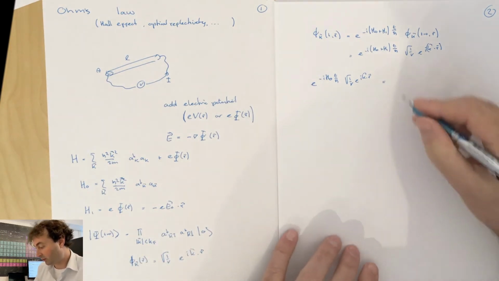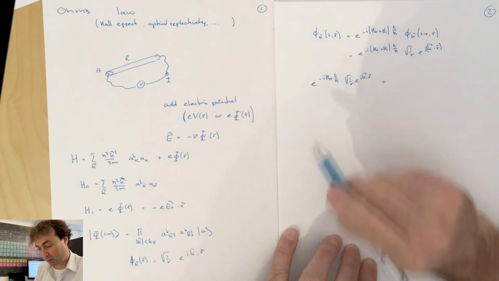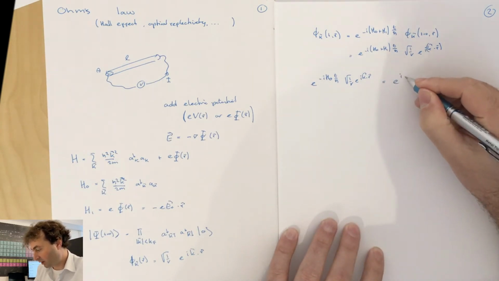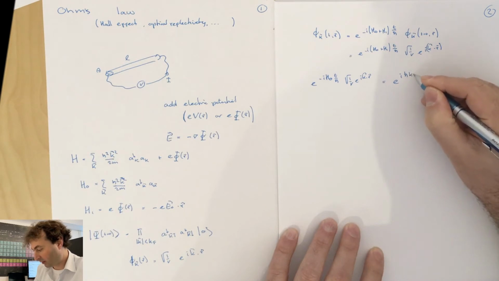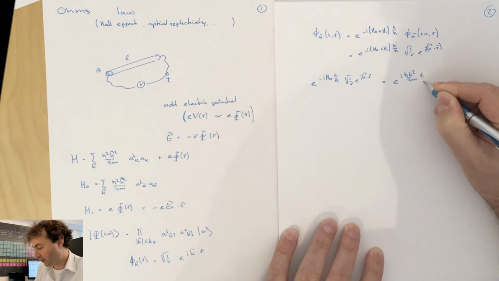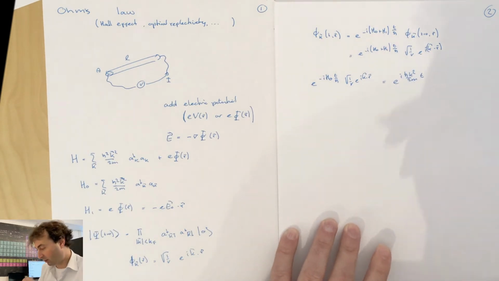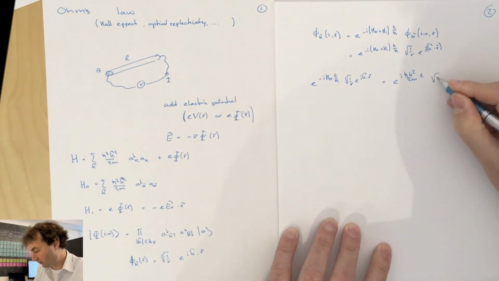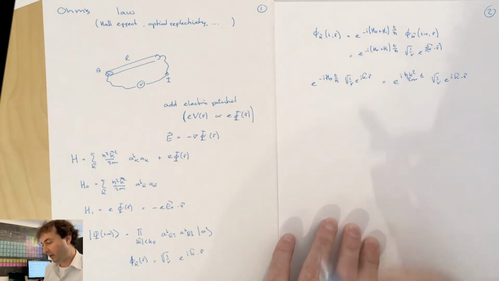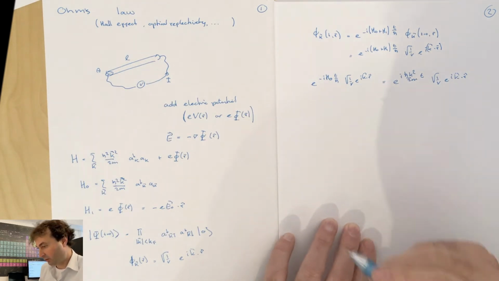We do get an additional phase, and the phase is just given by the energy of that system, which is e to the minus i h bar squared k squared over 2m times t divided by h bar, so the h bar drops, and then the original function that we had, e to the i k dot r. So when we evolve with H0, we just gain an additional phase.